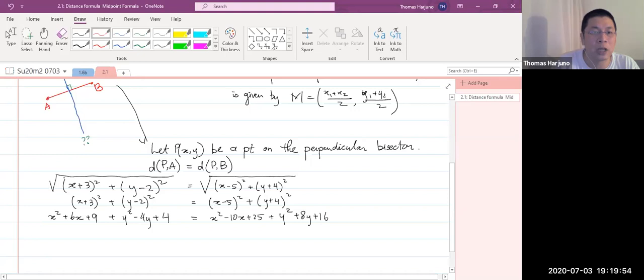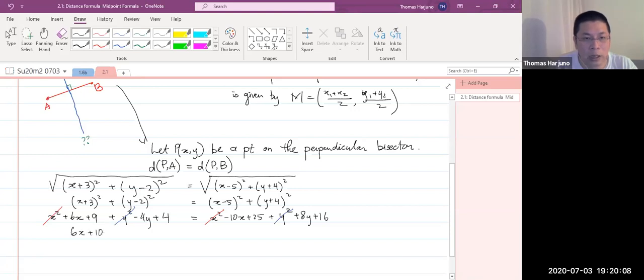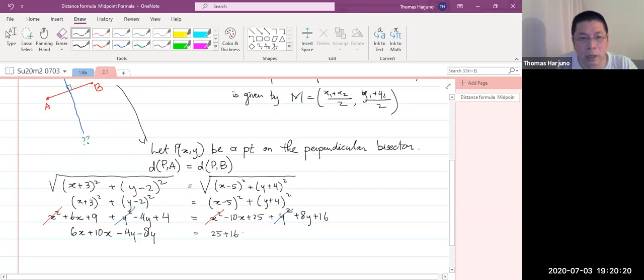Now notice that my x squared cancels that one here, and then my y squared cancels the one here. Now then I will get 6x plus 10x minus 4y minus 8y equals 25 plus 16 minus 9 minus 4.